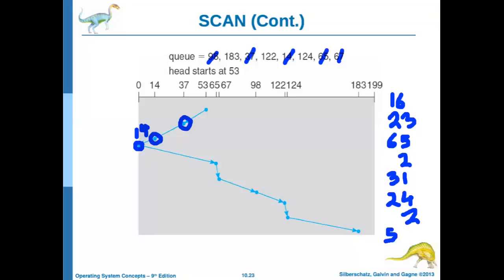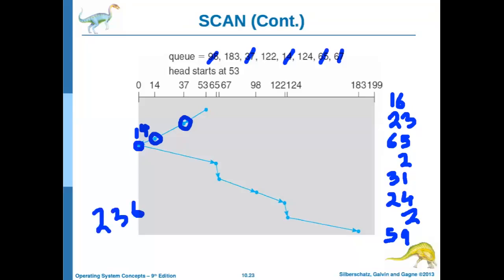Remember, in this algorithm, if 8 requests are in the queue, we are getting one additional head movement, that is from 14 to 0. Okay. And now if you simply sum it, it is 16 plus 23 plus 65 plus 2 plus 31 plus 24 plus 2 plus 59 plus the additional 14, it comes to 236.